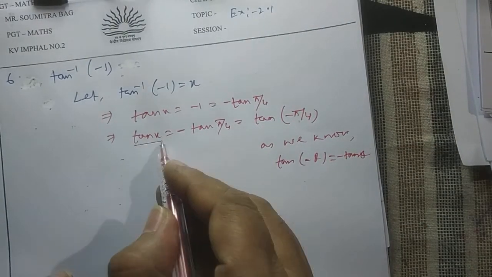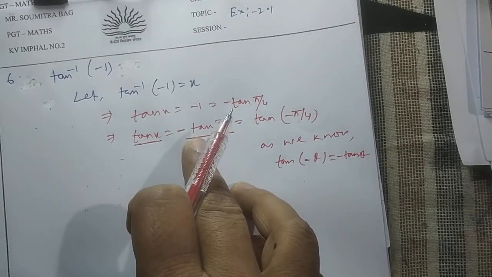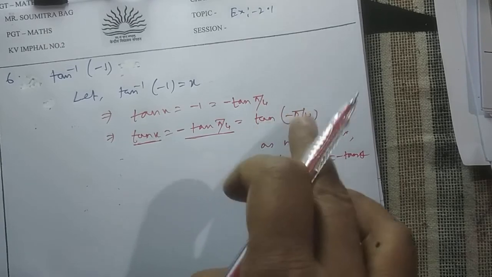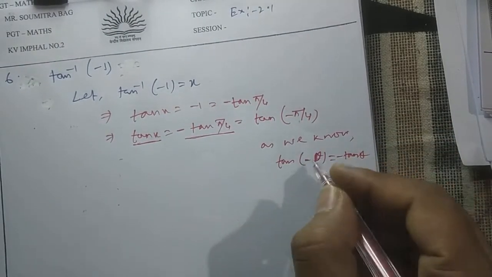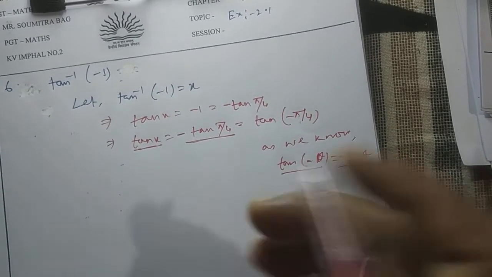So again I am saying how to manage the minus. This tan x equal to minus tan pi by 4 can be managed as tan of minus pi by 4 because we know from class 10 tan of minus theta equal to minus tan theta. Understand?